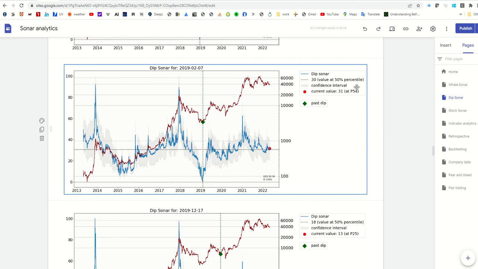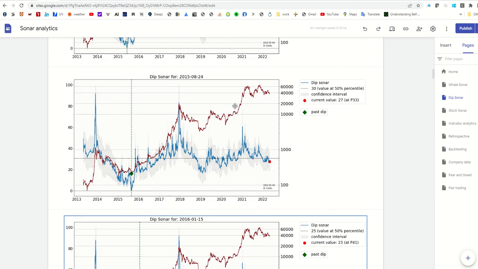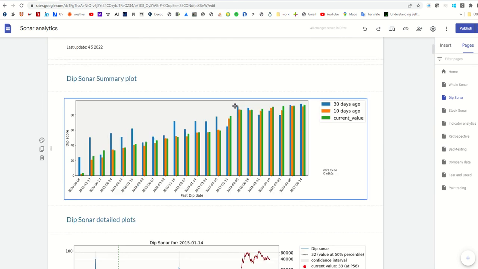We are at the P54 of all the values created by the sonar with respect to that dip. So we are not close to those conditions on chain, but more to that one. So that I find interesting. I don't know exactly what it means for the future, but this is interesting.